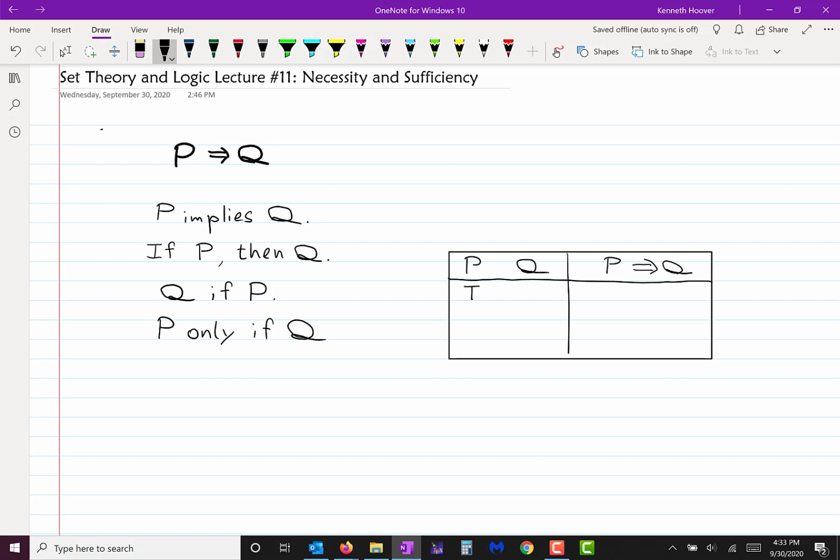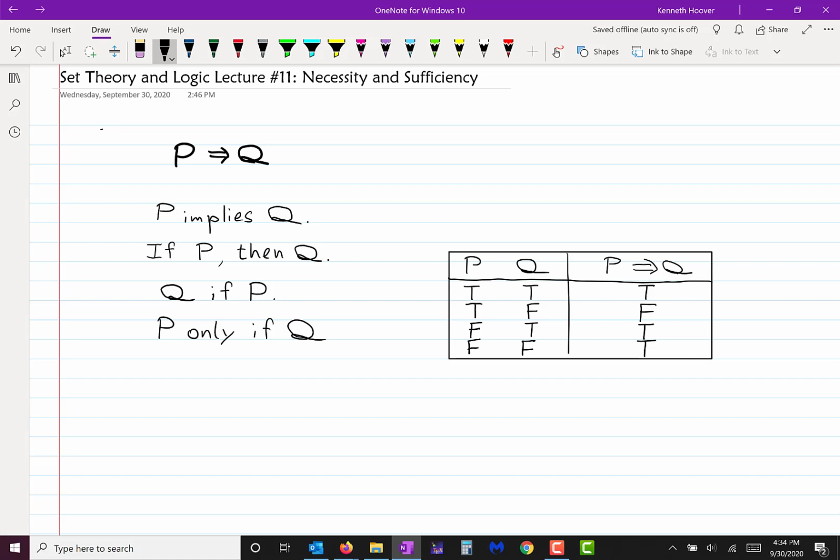If P is true and Q is true, then P implies Q is true. If P is true and Q is false, then P implies Q is false. If P is false and Q is true, then P implies Q is true. And if P is false and Q is false, then P implies Q is true.